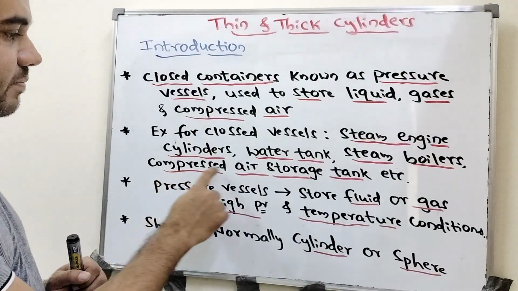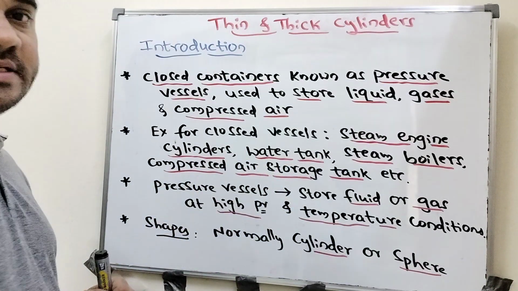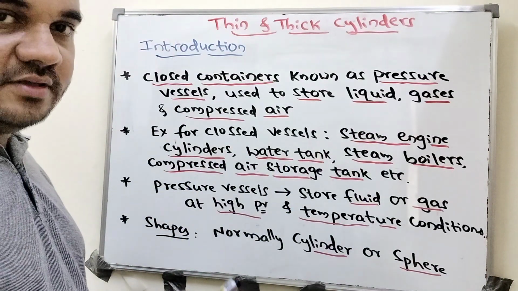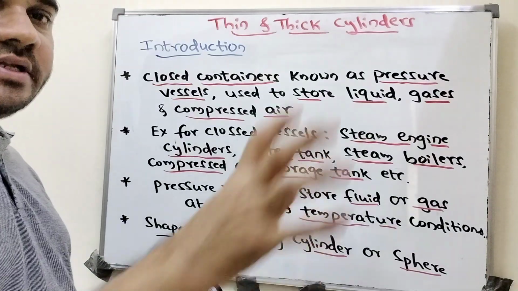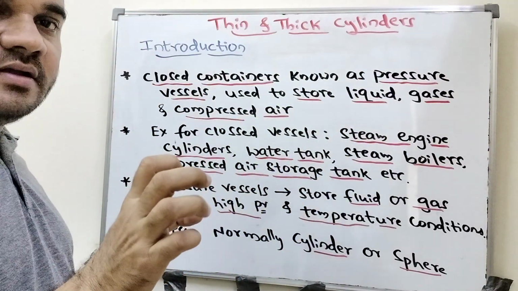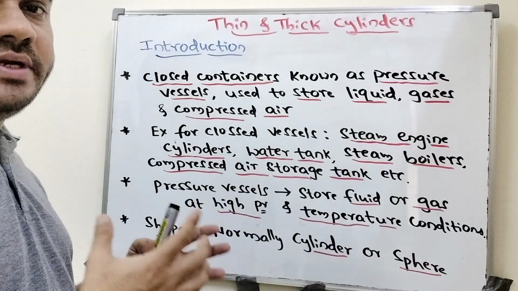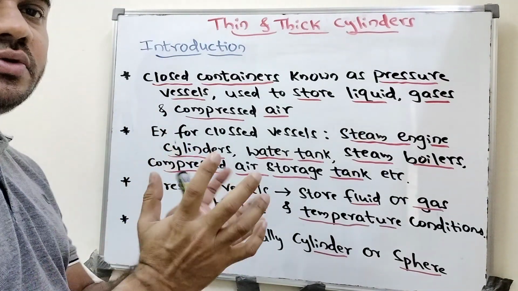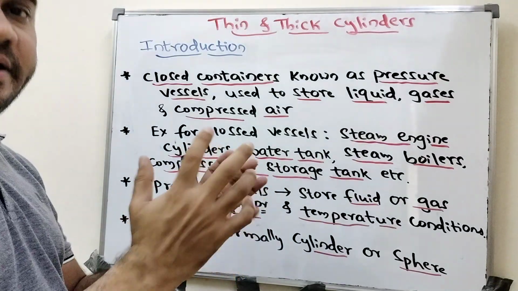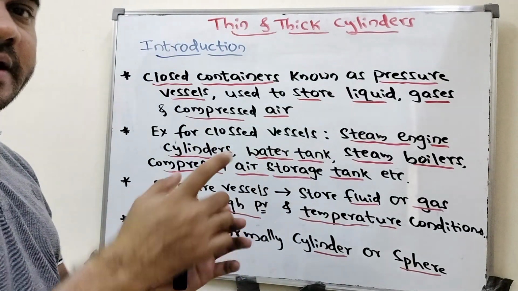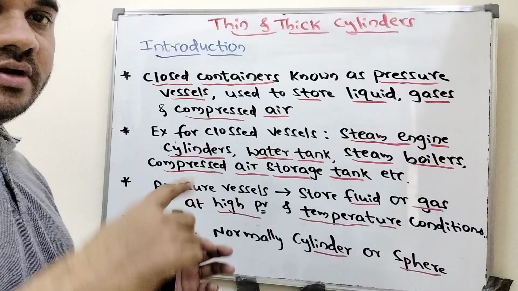Next example is the compressed air storage tank. As you know, the compressor withdraws atmospheric air and converts it into high pressure air, and the temperature is also increased a little bit. That high pressure air is stored in the compressed air cylinder, then it will be transferred to do mechanical work.